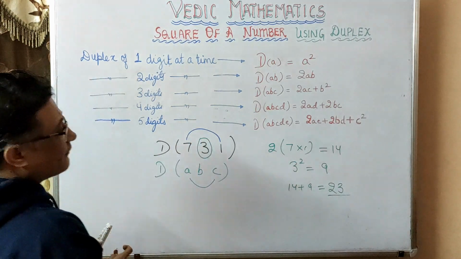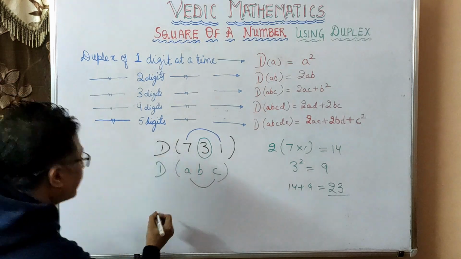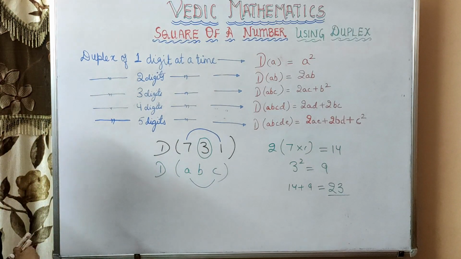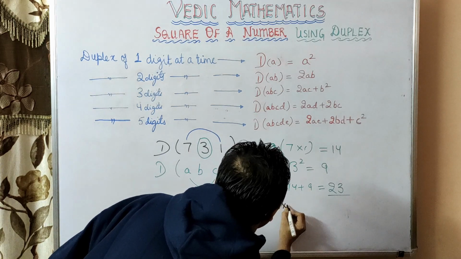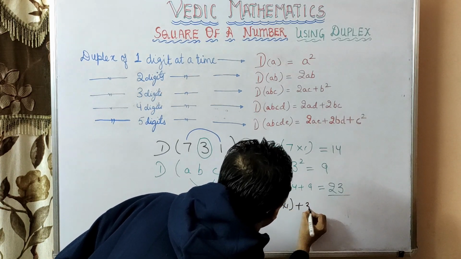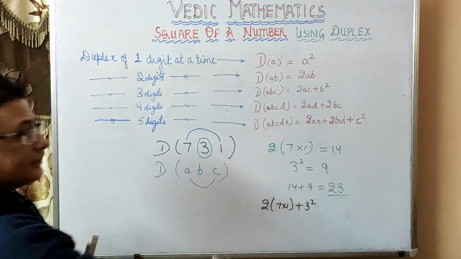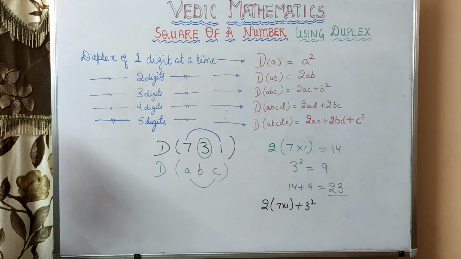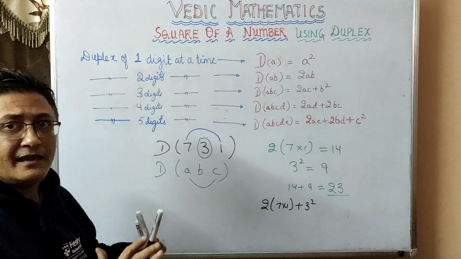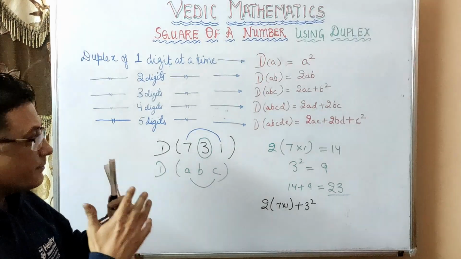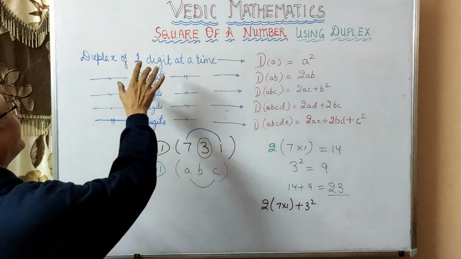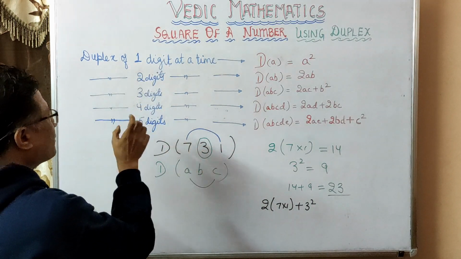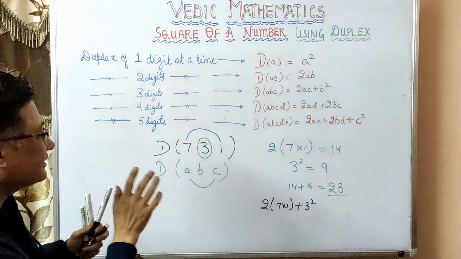This is exactly what we have done over here. So, if I expand it and write it for you, just for your understanding purposes, the duplex is twice 7 multiplied by 1 plus 3 square. But this you only have to understand mentally so that you can remember it, and then you have to follow the same logic for calculating duplex of 4-digit numbers and 5-digit numbers, and this will be explained in a moment.